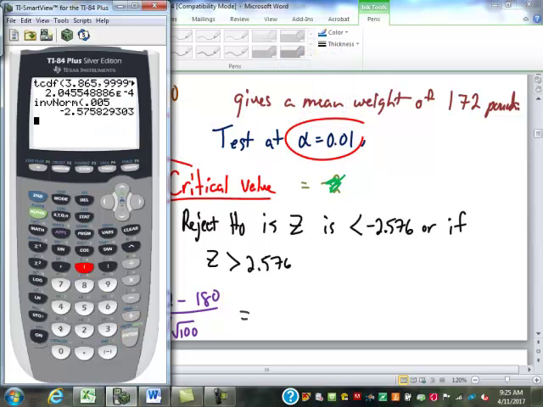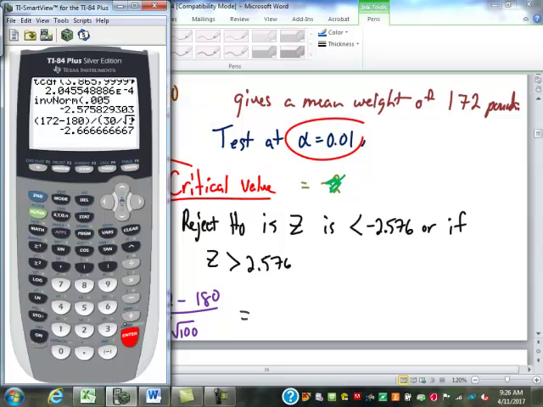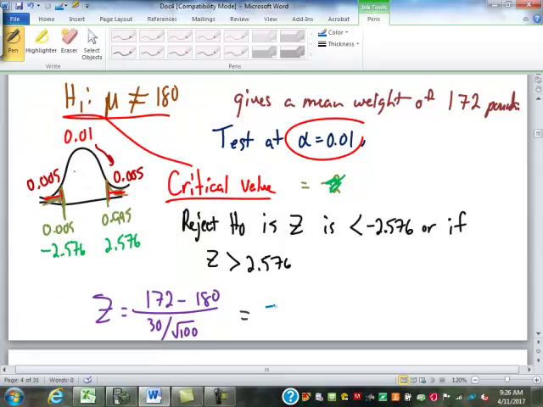So parentheses, 172 minus 180, close parentheses, divided by parentheses, 30 divided by the square root of 100. Make sure we close off that second set of parentheses. A negative 2.667.